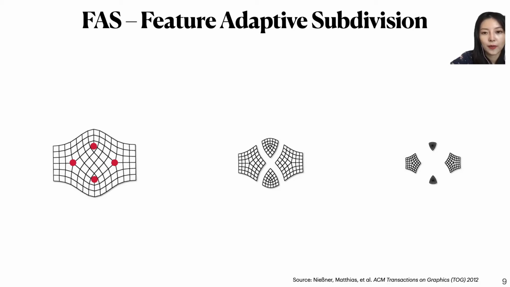Special transitional patches are required to avoid cracks between adjacent patches of different subdivision levels. This figure shows 3 steps of this FAS idea. There are 4 irregular vertices whose valences are not 4. So FAS only subdivides around these 4 irregular vertices.